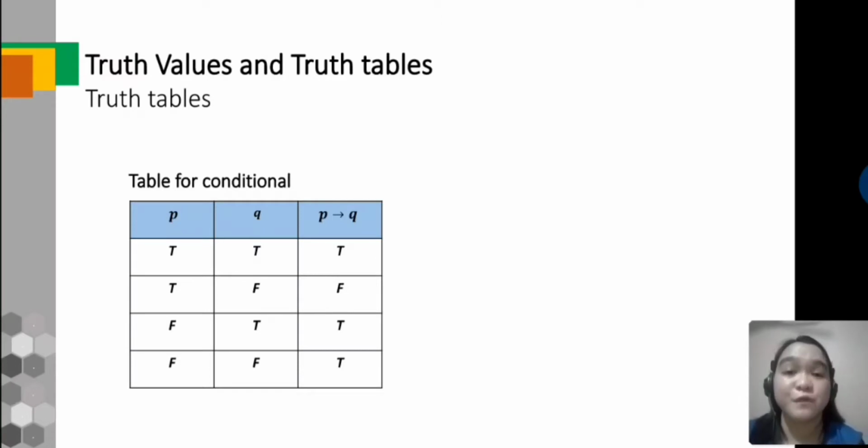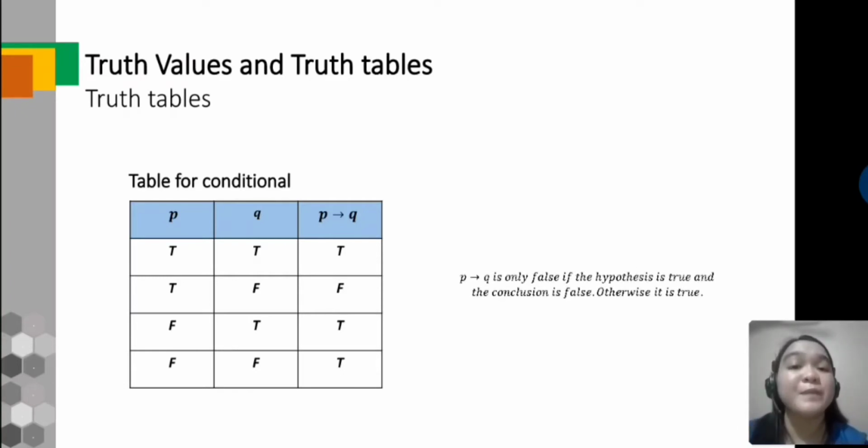If P is false and Q is true, P implies Q is true. If P is false and Q is false, P implies Q is true. Now, we see in the table that P implies Q is only false if the hypothesis is true and the conclusion is false. Otherwise, it is true.